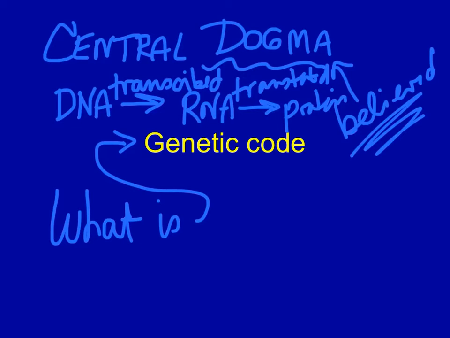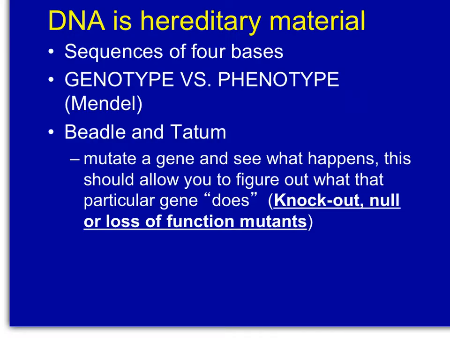And this is absolutely something that you must know. DNA is transcribed into RNA, and RNAs are translated into proteins. So DNA is the hereditary material that allows you to make all of the proteins that your body uses to make up cells, tissues, organs, everything that makes you who you are.